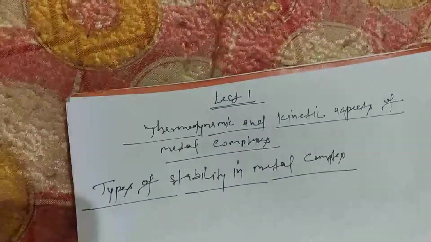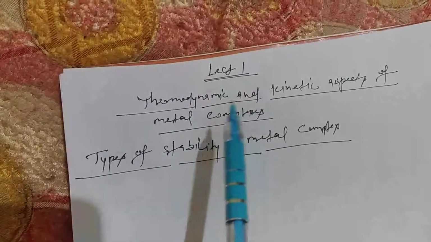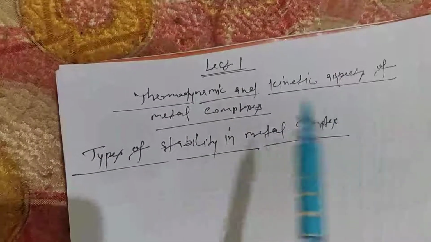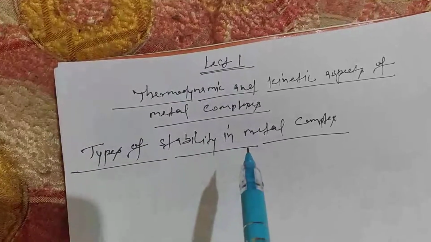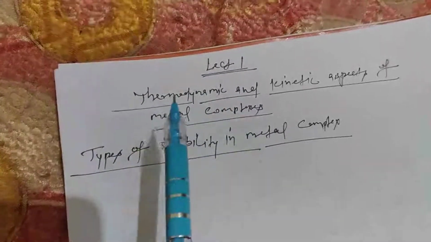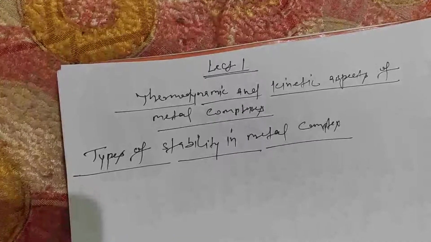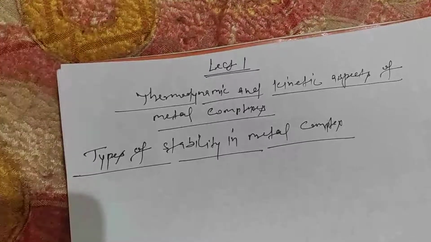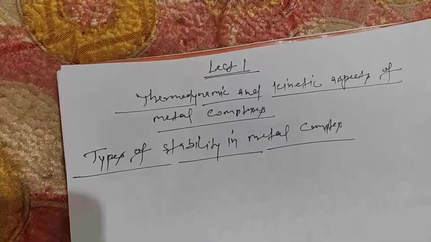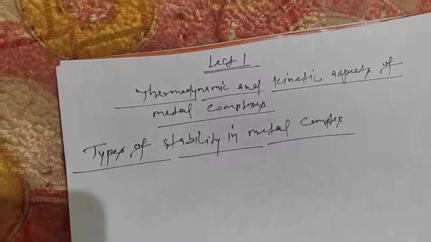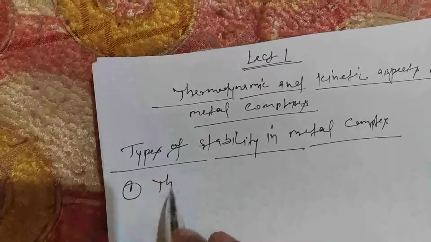As you can see, the title of the unit is thermodynamic and kinetic aspects, so the types of stability also belong to these thermodynamic and kinetic aspects. There are basically two types. We can distinguish the stability of a complex into two types. One is the thermodynamic stability, and the other one is the kinetic stability. The first one is the thermodynamic stability.